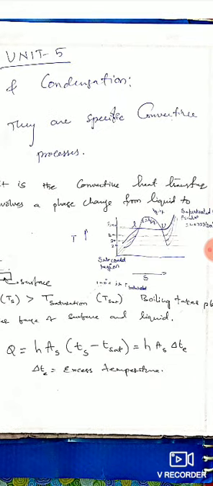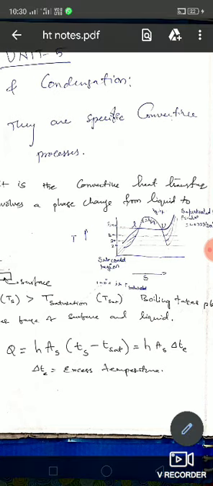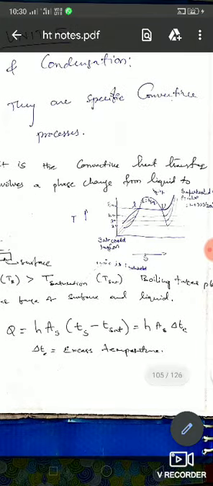We know this from the convection equation. Convective heat transfer Q equals hA delta T, where delta T is surface temperature minus saturation temperature, and Ts minus Tsat is called the excess temperature delta T.